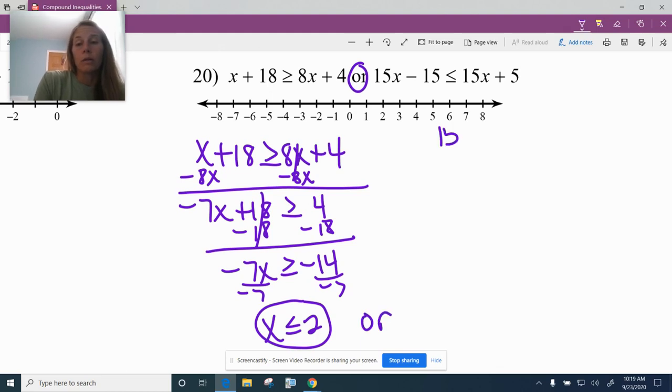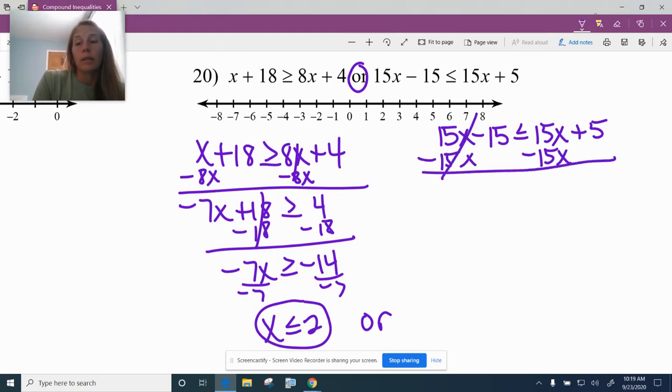Or the other side of my problem here, I'm going to bring my 15x over, but then they both cancel and I'm just left with negative 15, which is less than or equal to 5.